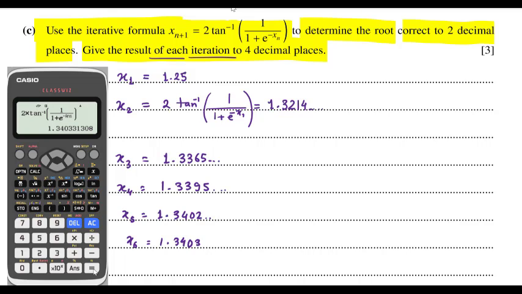1.3403. We will check till we get the correct root to 3 decimal places. So we can judge from here itself that to 3 decimal places we are getting 1.340.